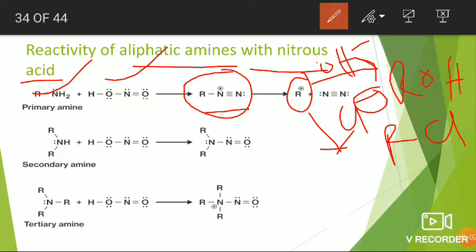So we get different products in the reaction of aliphatic primary amine with nitrous acid. Here N2 is liberated as a colorless gas. Liberation of N2 gas is the identification test specific for primary amines.